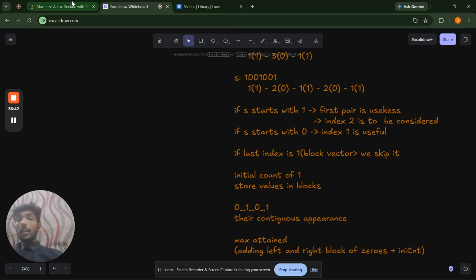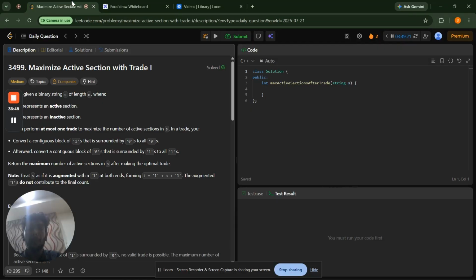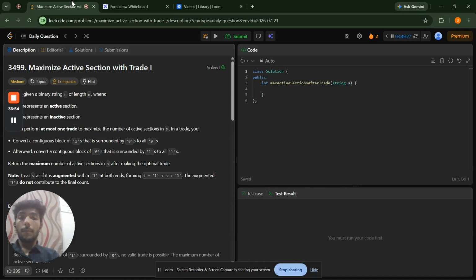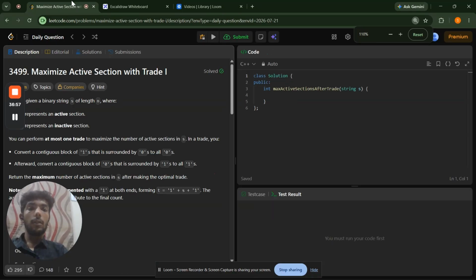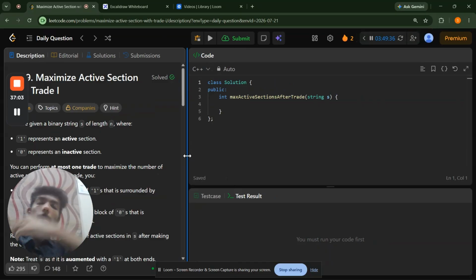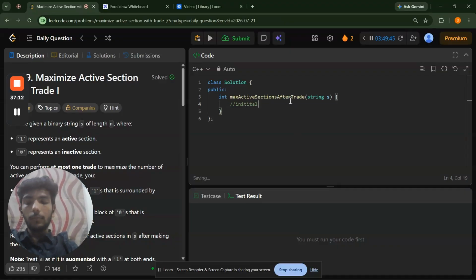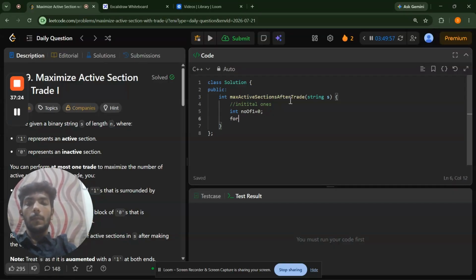Okay, so let's start. Pardon me because as of now the setup is not concrete, so there might be some issues. First we count the initial ones, iterating through the string.